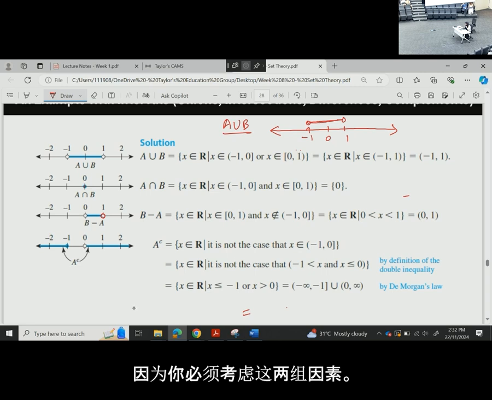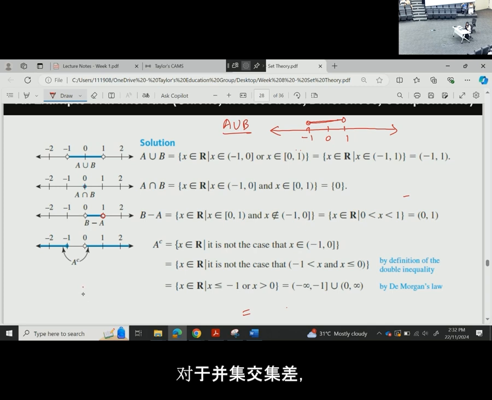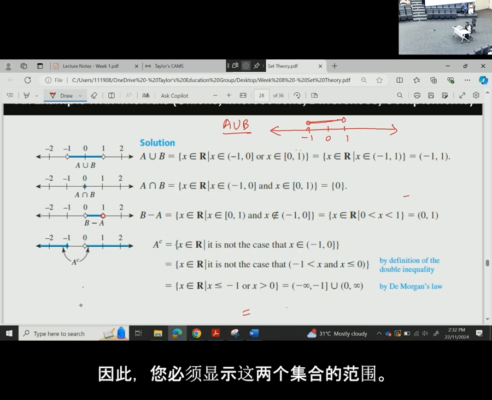Let's say, because you have to consider both the sets. That is why. If it was only set B, but you cannot find a difference of one set, you have to consider two sets, right? For union, intersection, difference, you have to consider two sets. So you have to show the range for both the sets.